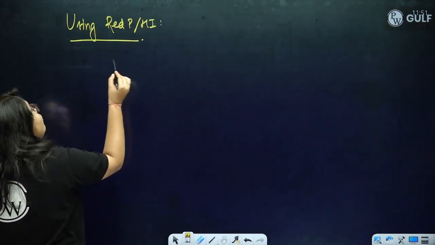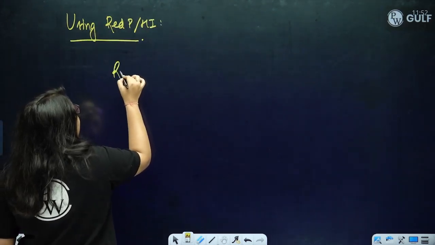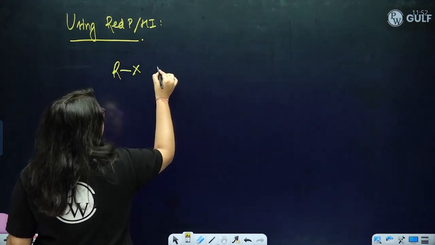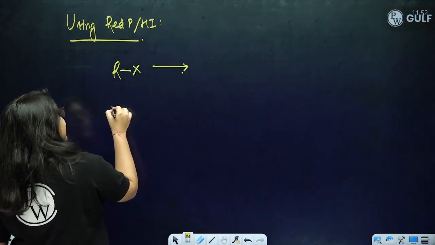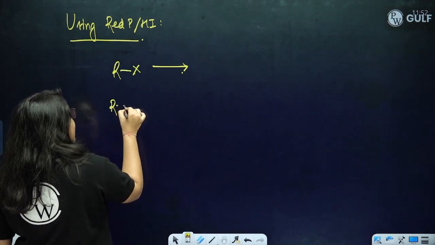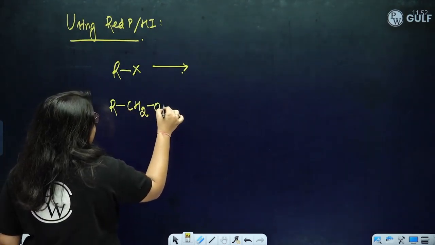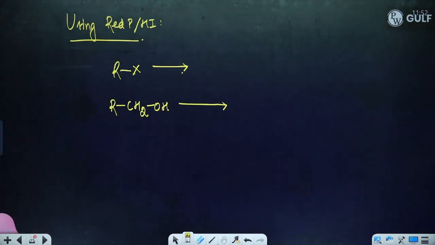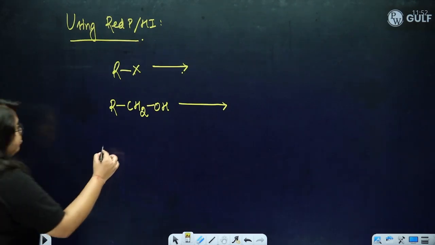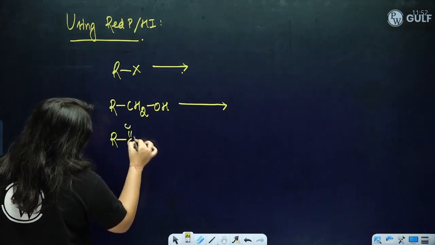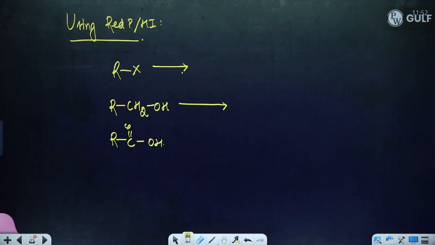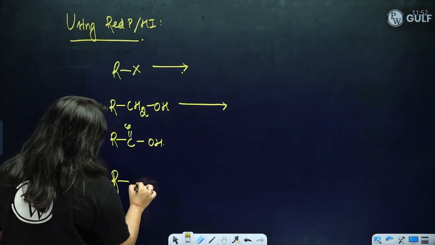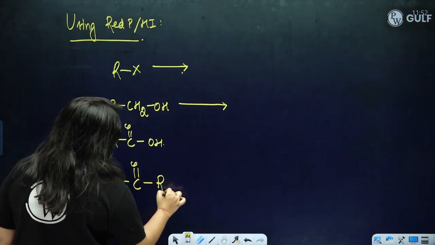For example, you're taking RX, then you're taking the alcohol RCH2OH, then you're taking RC double bond O with OH, and you're taking RC double bond O with OR.